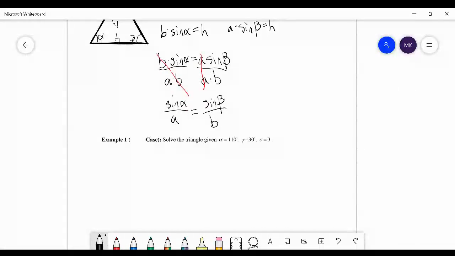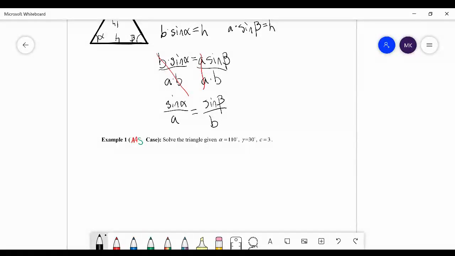This first example is going to be a nice example of angle, angle, side. So we're told to solve the triangle where we're given alpha is equal to 110 degrees, gamma is equal to 30 degrees, and side C is equal to 3.